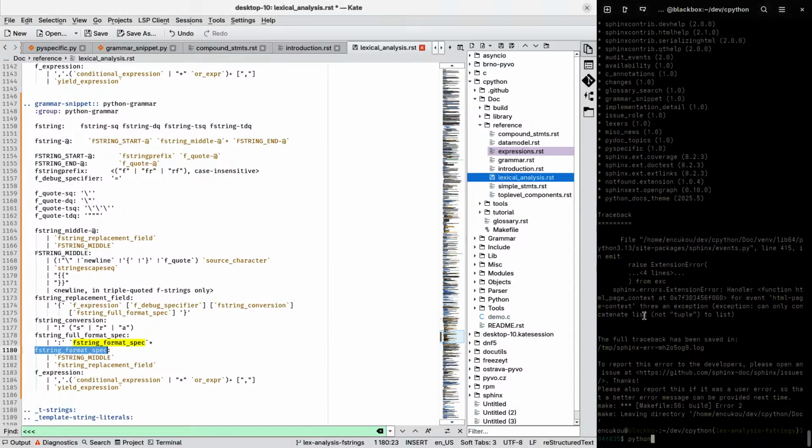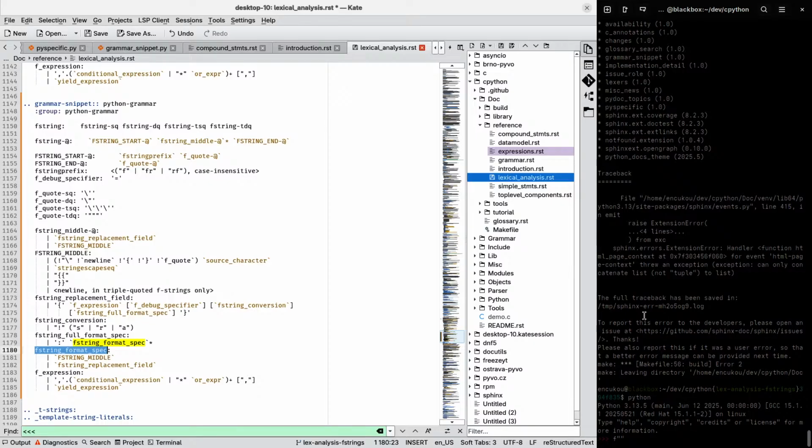That's interesting. Can you end an f-string inside a format spec?